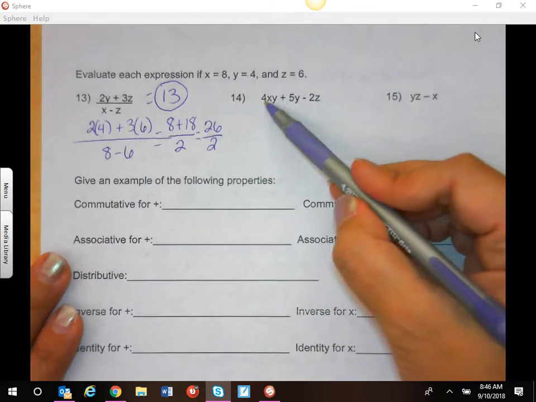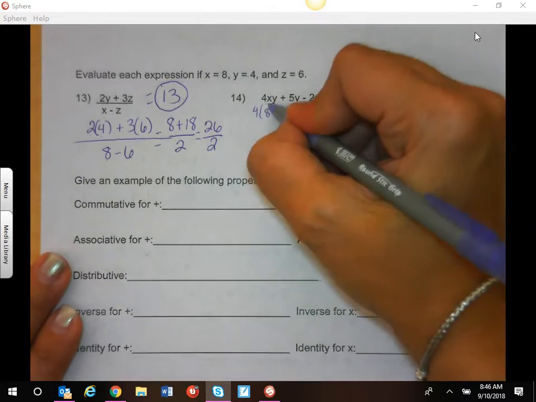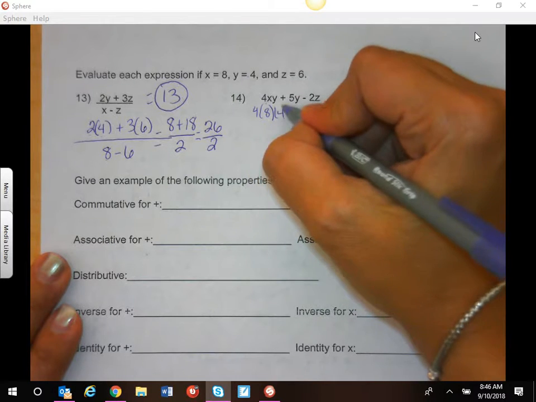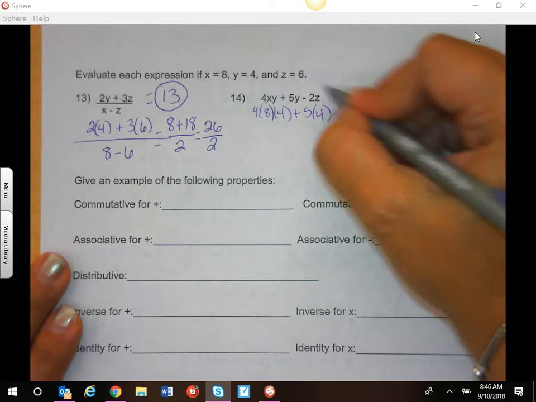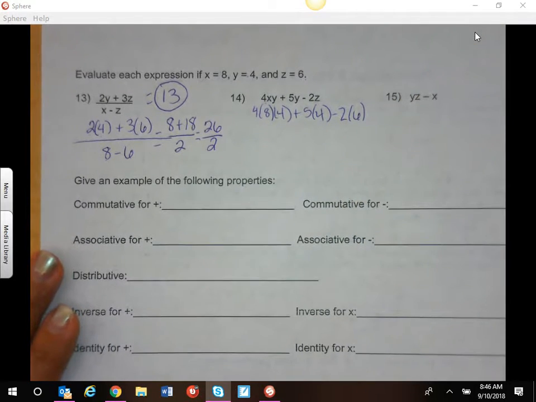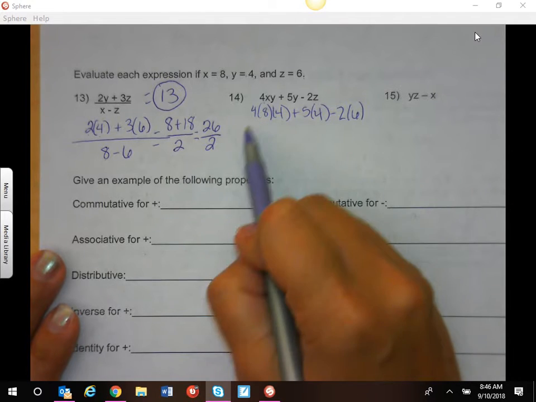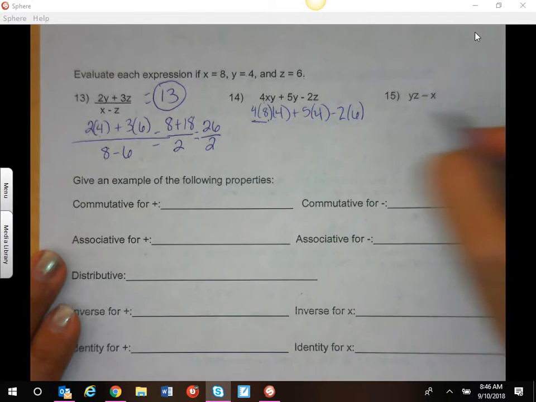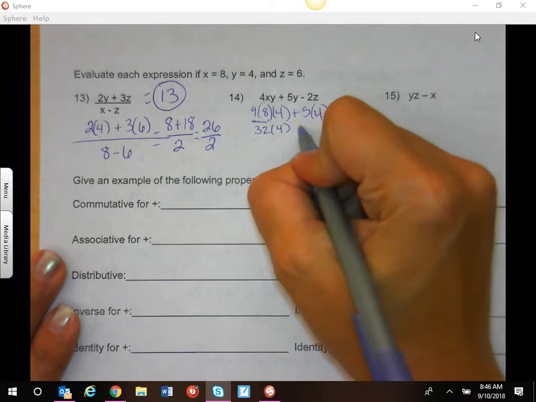And again here, this is multiplying 3 numbers. So we're going to say 4 times 8 times 4 plus 5 times 4 minus 2 times 6. When you multiply 3 numbers, remember we talked about doing 2 numbers at a time. 4 times 8 is 32, times 4, plus 5 times 4.